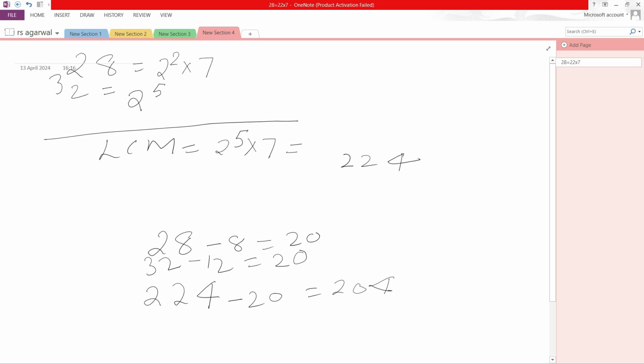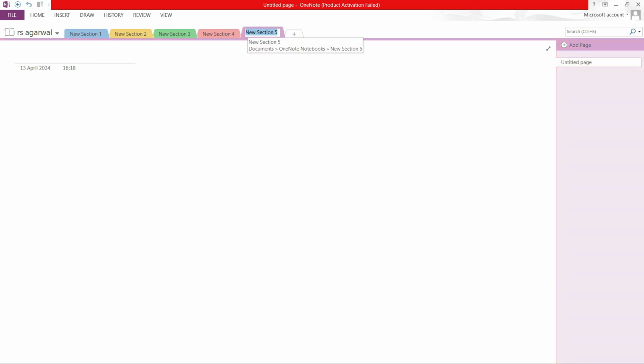So the next question is: find the smallest number which, when increased by 17, is exactly divisible by both 468 and 520.